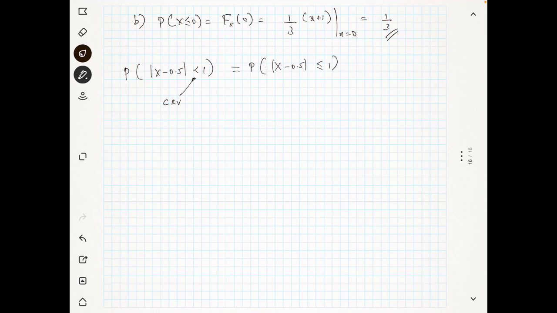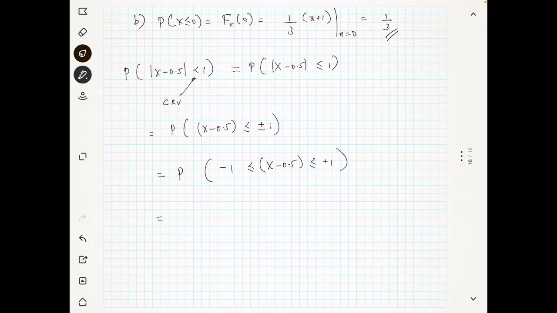I have already discussed this fact with you. So this is the probability that X minus 0.5 is less than or equal to plus or minus 1, that is, the random variable X minus 0.5 takes a value between minus 1 and plus 1.